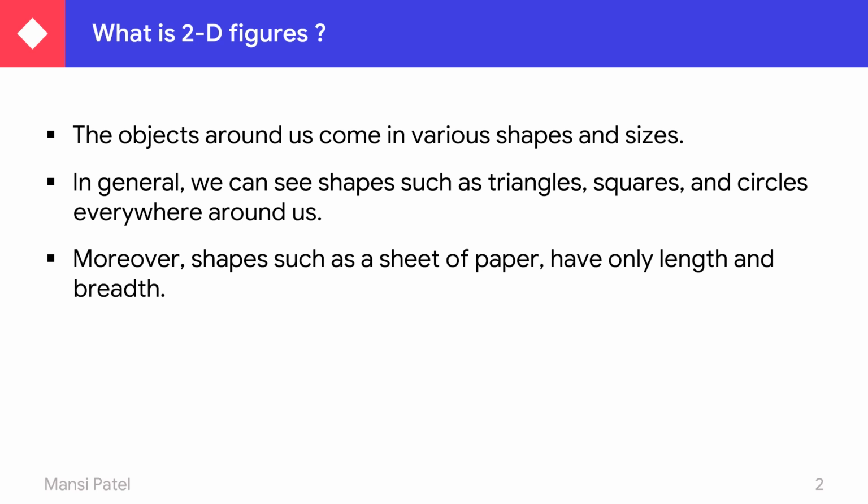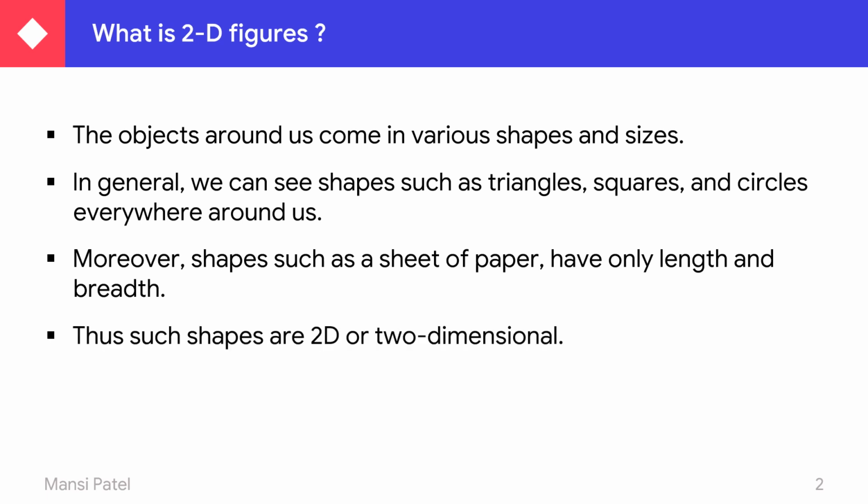So we can say the 2D figure has only two things, known as length and breadth. Thus, such shapes are 2D. 2D means two-dimensional. The shapes which have only two dimensions are known as 2D figures. So see, the triangle, square, circle.